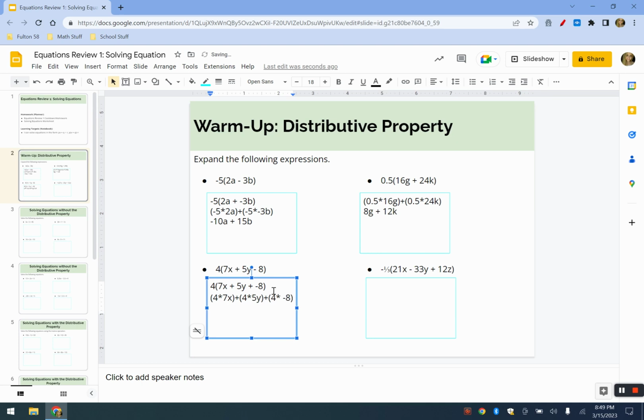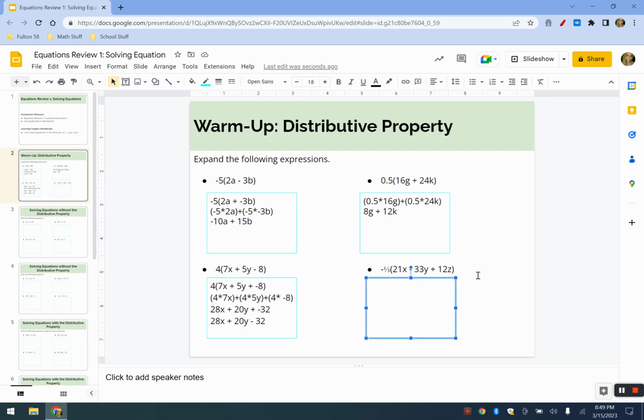So 4 times 7x is 28x, 4 times 5y is 20y, and 4 times negative 8 is negative 32. So we get 28x plus 20y plus negative 32, or we can write that as just subtracting a positive. Both of these are correct answers.